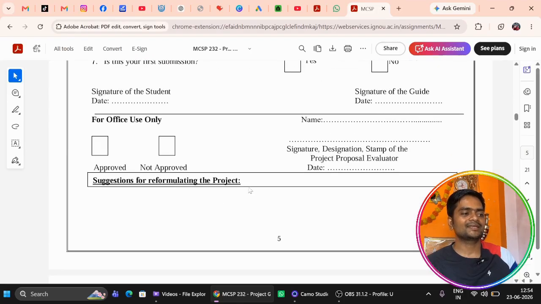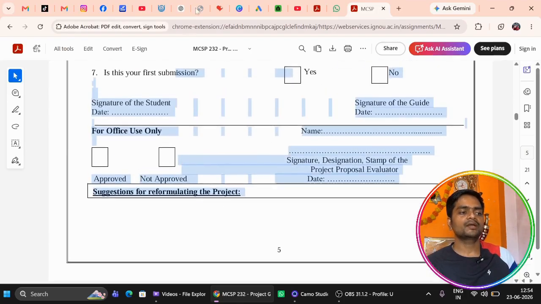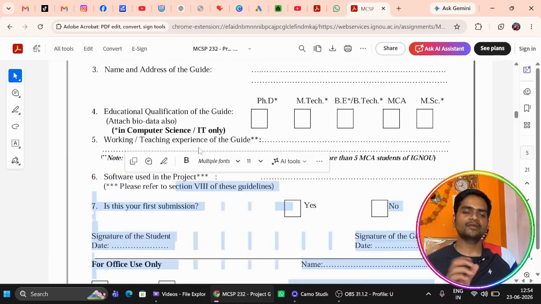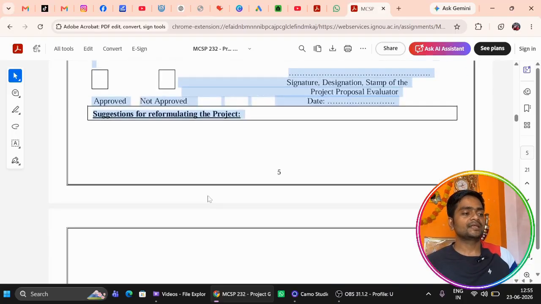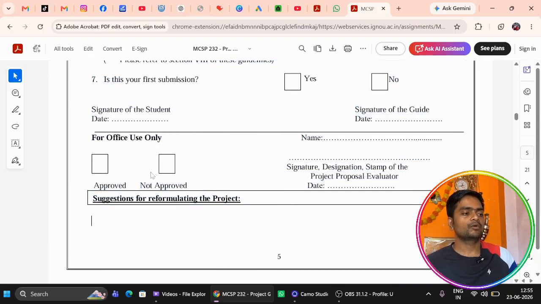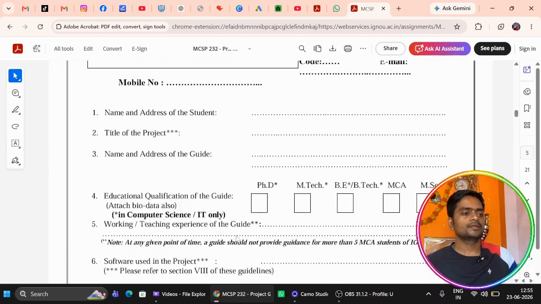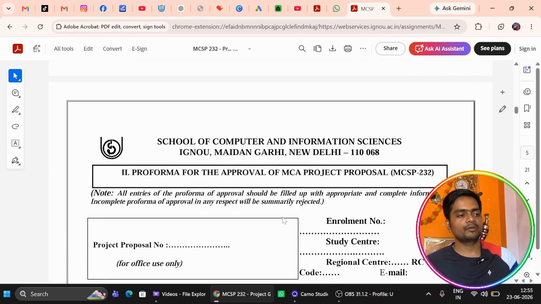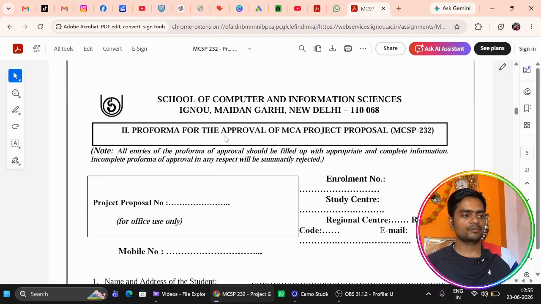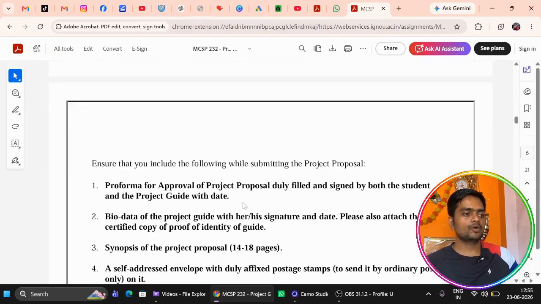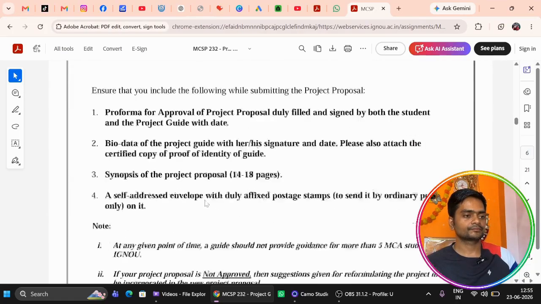So this is basically an approval form. When your guide or supervisor finds everything okay in your project proposal, then he will sign it. He will approve it. In this way you will get the approval on your project proposal with the help of this project proposal proforma. Okay, let's go to the next thing.